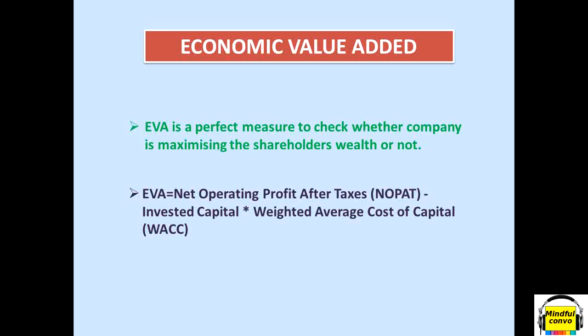In financial statements, the calculation of profit does take into account the cost of debt finance but ignores the cost of equity finance, because here we are taking the weighted average cost of capital. So this particular EVA formula does not consider the cost of equity.